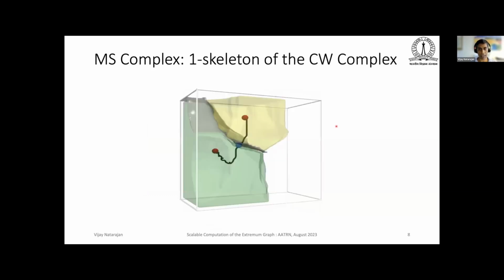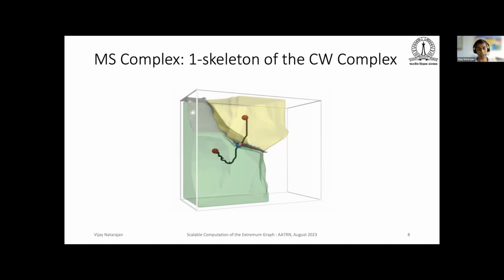One can quickly see that this collection of gradient lines provides a nice initial segmentation of the entire volume into these regions, one corresponding to each maximum. The boundary interface between two segments contains the saddle criticalities, specifically the index 2 saddles.